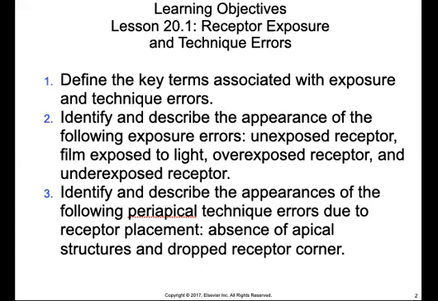We'll identify and describe the appearance of the following exposure errors: unexposed receptor, film exposed to light, overexposed receptor, and underexposed receptor. We'll identify and describe the appearances of the following periapical technique errors due to receptor placement, which is an absence of apical structures and dropped receptor corner.